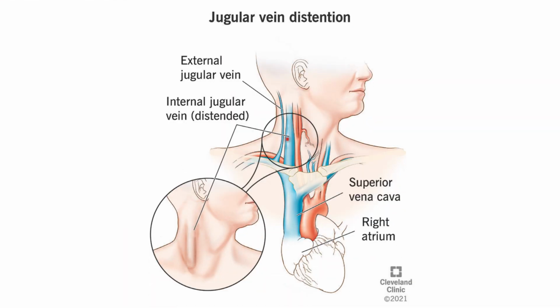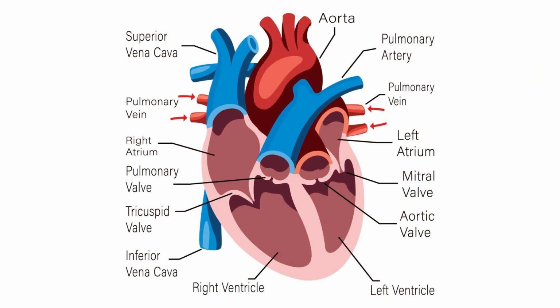Once you have all this blood in the SVC, you end up getting what you call JVD. The reason you get JVD is because your SVC is full of a lot of blood. Now that blood goes from the SVC and travels to the inferior vena cava.